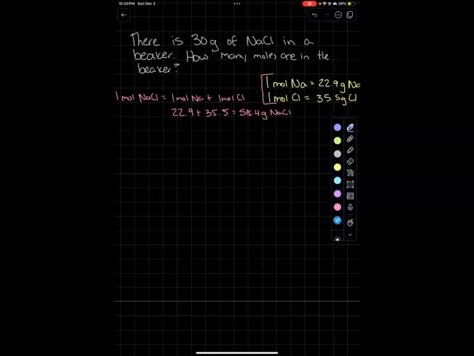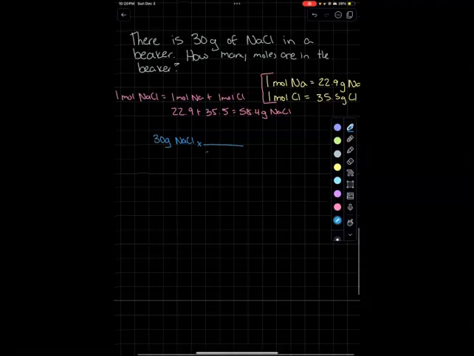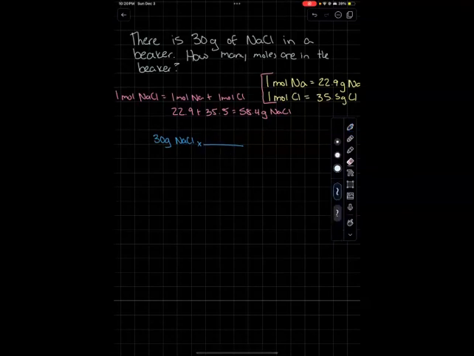Now we have the thing we need to help us for our problem. We can actually solve the problem. Our given is the 30 grams sodium chloride, and we want to go from grams to moles. So since we have grams in the numerator, we need grams in the denominator. There are 58.4 grams sodium chloride per 1 mole sodium chloride.